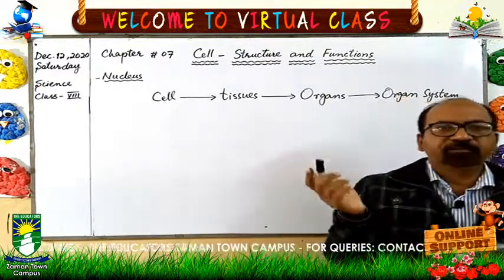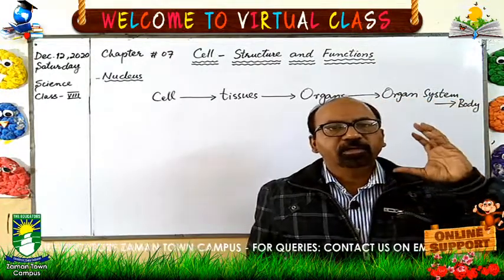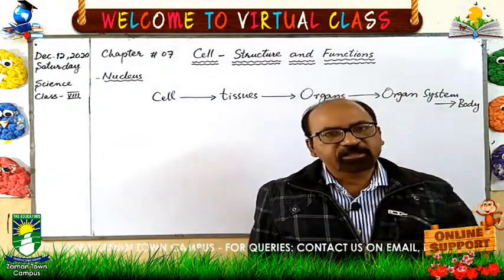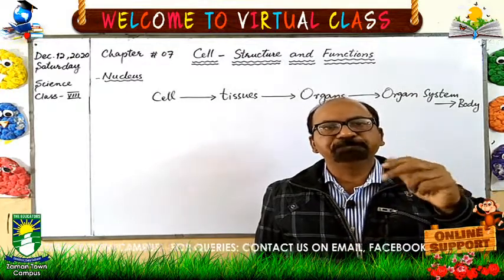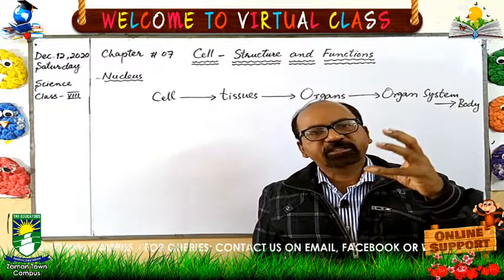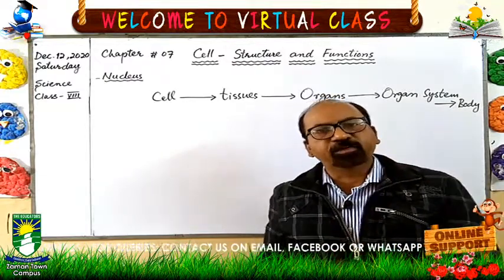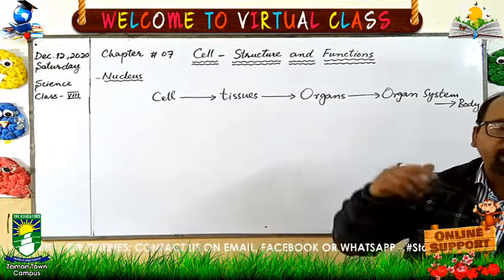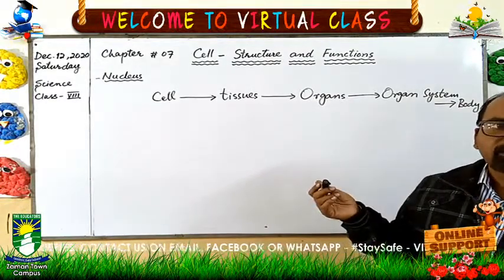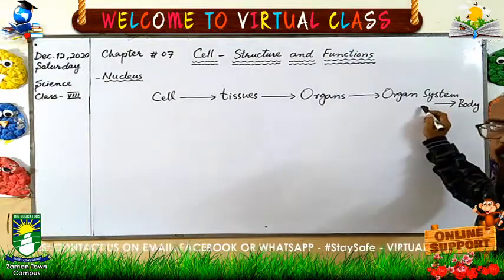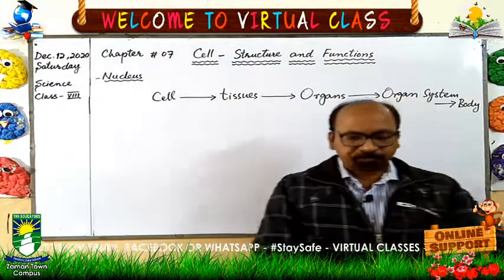Like the circulatory system, our nervous system, skeletal system, excretory system and digestive system, all these systems work together. That's why our body is alive. So when different organ systems work together, they form the body.